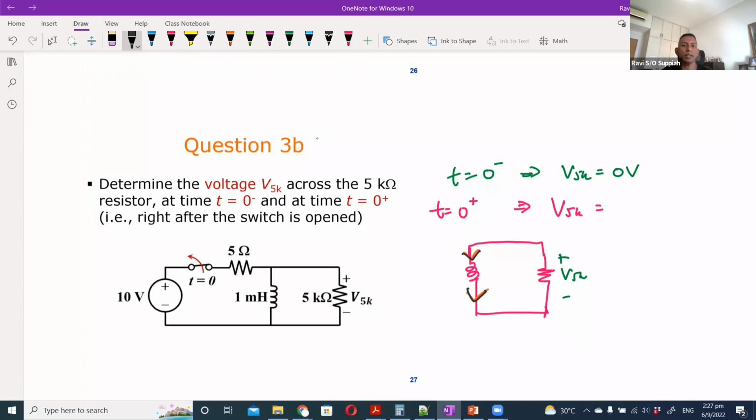The current that was flowing through the inductor is now going to go upwards here, in this anti-clockwise direction.